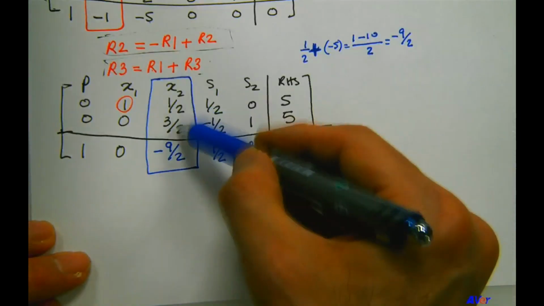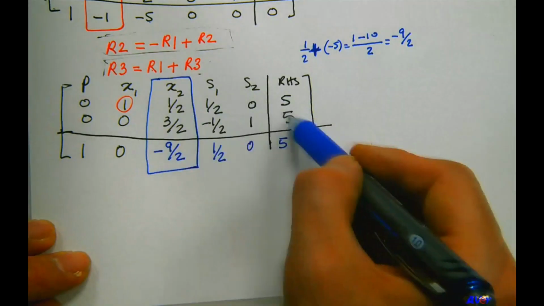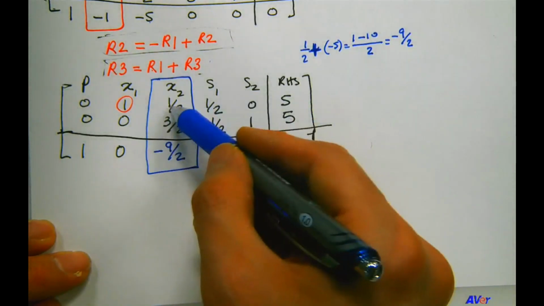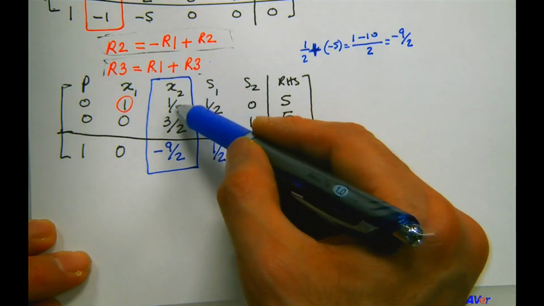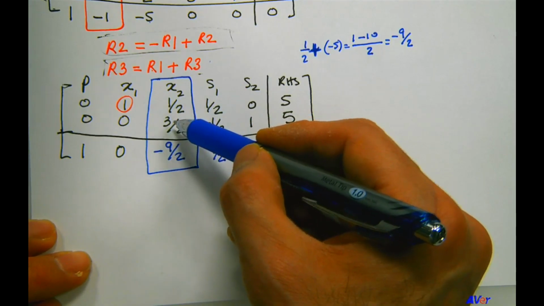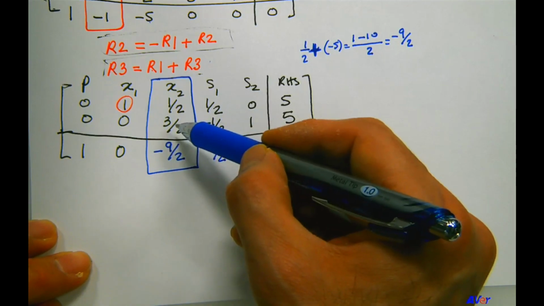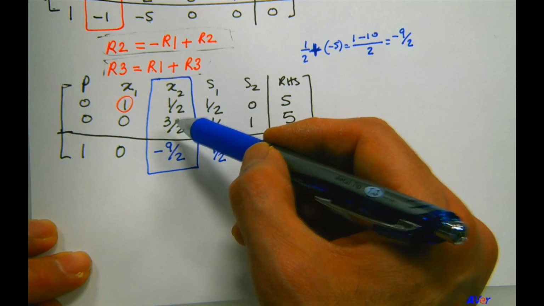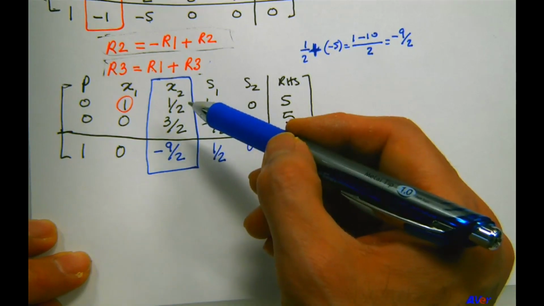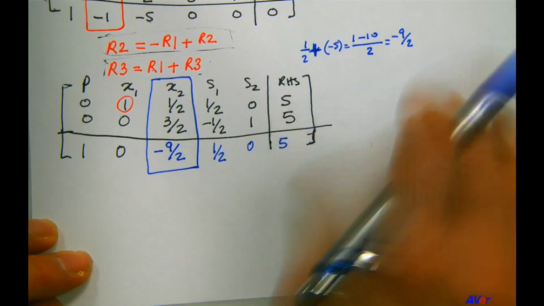Both numbers are positive. So what that means is we need to find the ratio for each one. If one of these was negative and the other one was positive, then the positive number in the pivot column would automatically be the pivot element. But in this case, they're both positive, so we need to find the smallest ratio.